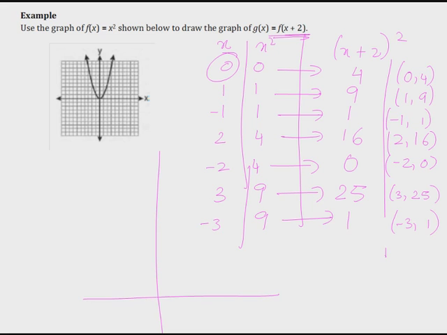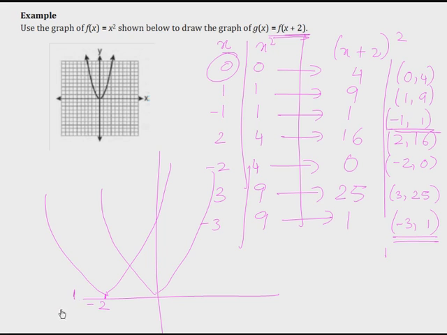Here's my original graph, y equal to x squared. And now, were I to plot these points, if you were to plot it carefully, I would get this graph. And this is minus 2. As you can see, minus 2 gives me 0. And then minus 1 and minus 3 both give me 1.